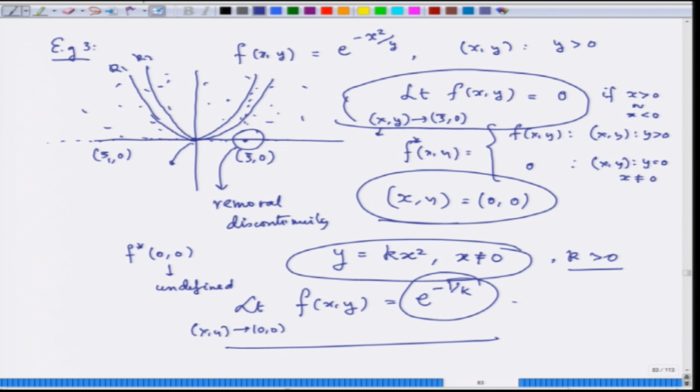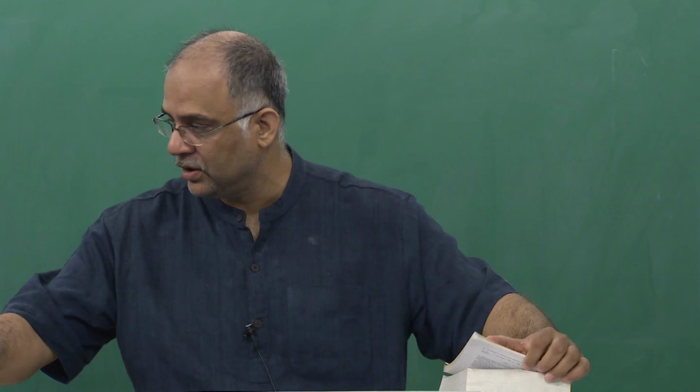This is for k1, this is for k2, and so on. Because the limit is different, there cannot be any limit at (0, 0); the limit does not exist, because for every different path you get a different limit, and hence the function is not continuous at (0, 0). Thank you very much, and we end our talk today.